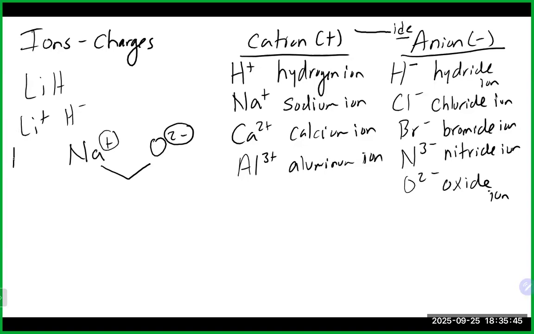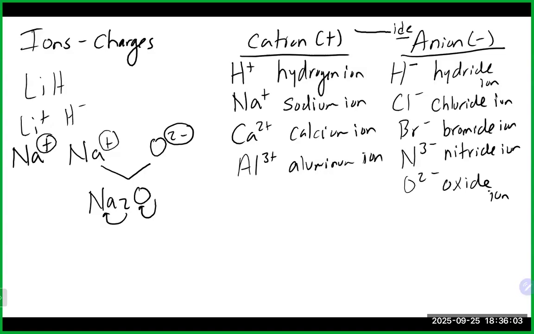In this case, we would need not 1 sodium, but 2 sodiums. The number always goes to the guy to the left. And 1 oxygen. Nothing written there means 1. Also goes to the guy to the left.